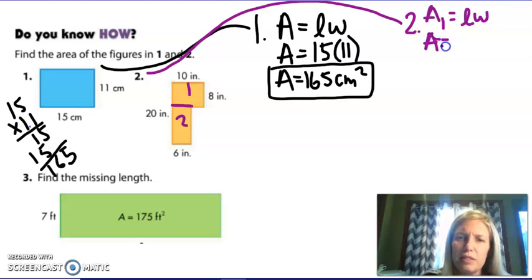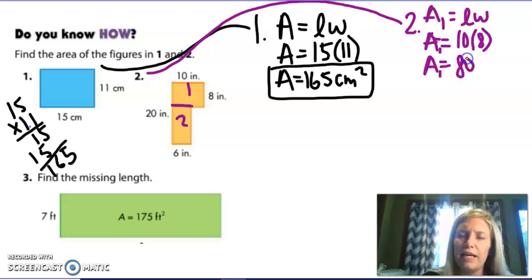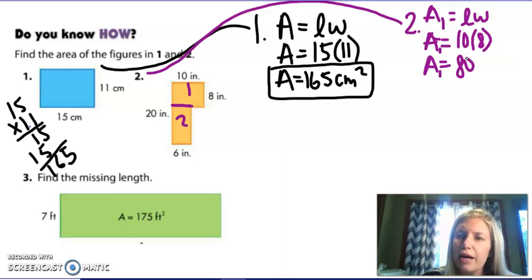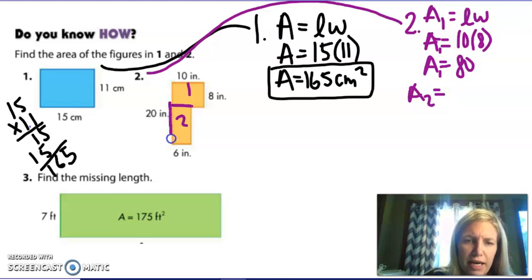Area equals 10 times 8. So area of shape 1 is 80. Remember, we'll add the units afterwards. Area of shape 2. Okay, so I have to figure out how much this side length is here.